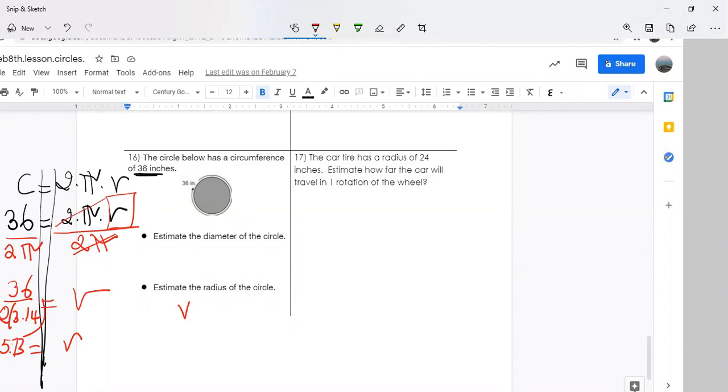So r is 5.73 inches, which means the diameter is 2 times that. 2 times 5.73. Okay, and that should give me 11.46 inches. So that should be the diameter. Okay, diameter is twice the radius.